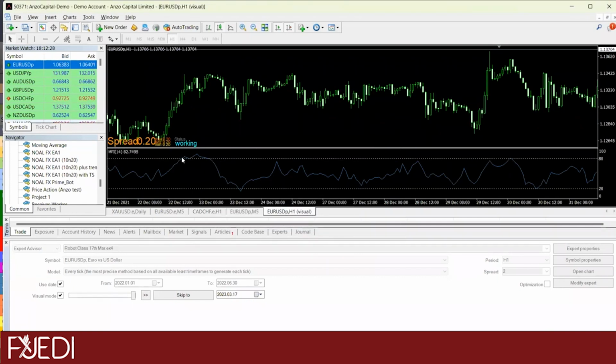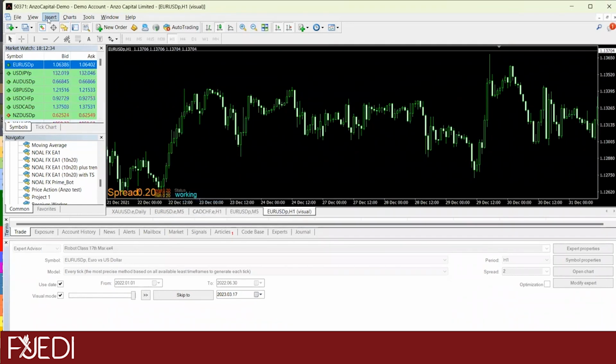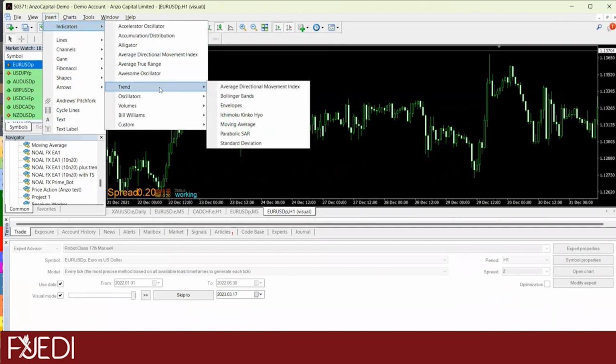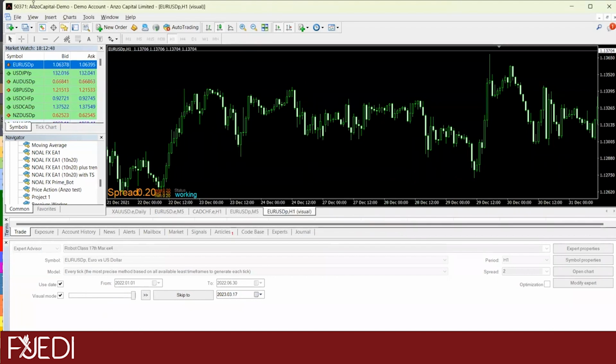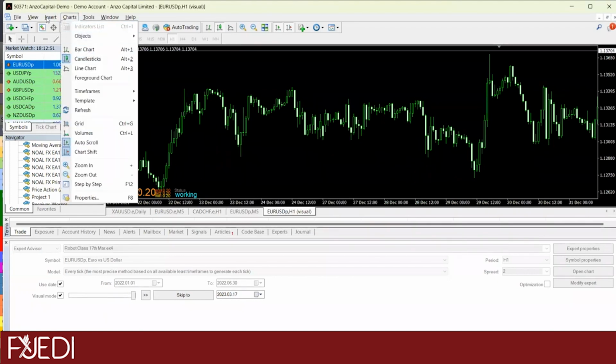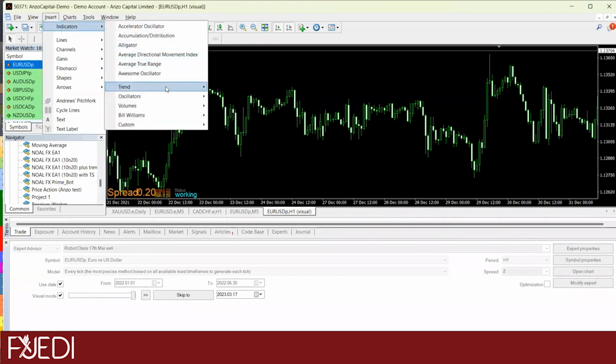Okay, so what's going on? Why is it adding MFI? Okay, so let's make this money flow index. Why is it picking money flow index instead of moving average?